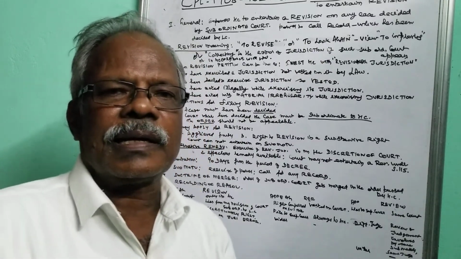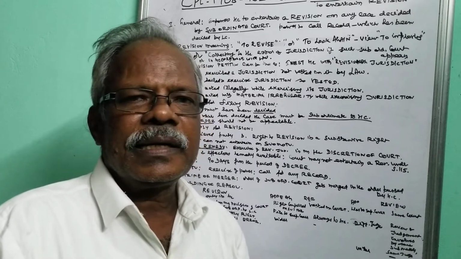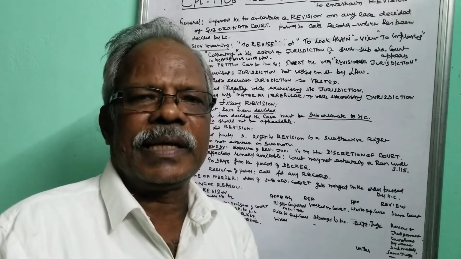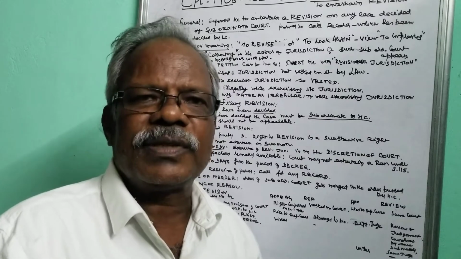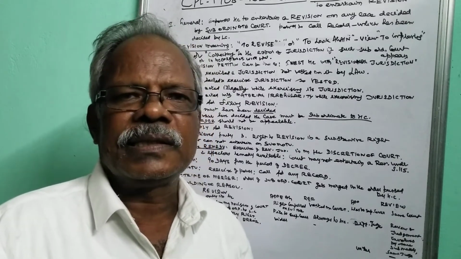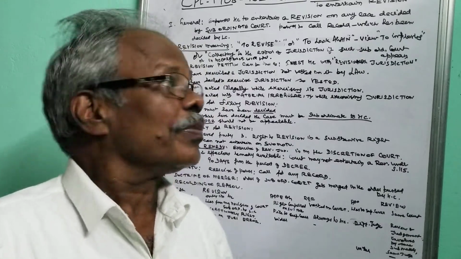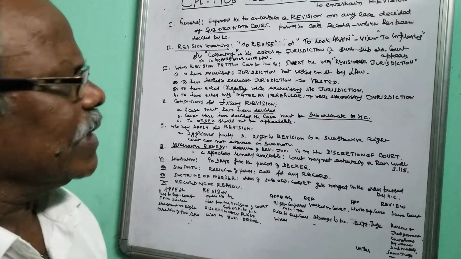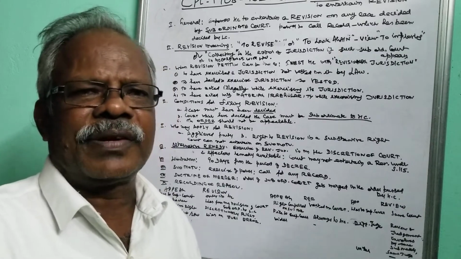On the final decree taken up by the lower courts, in such cases the High Court can call for the records for the review. And what is the meaning of revision?